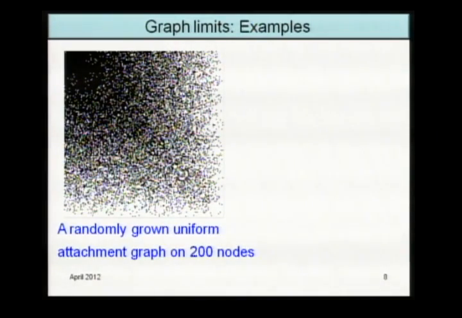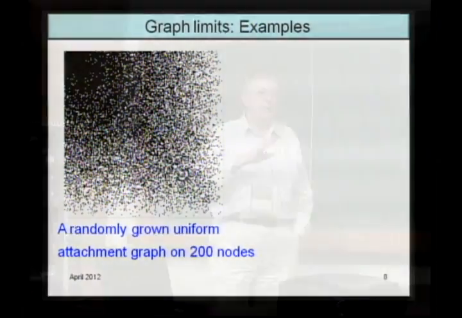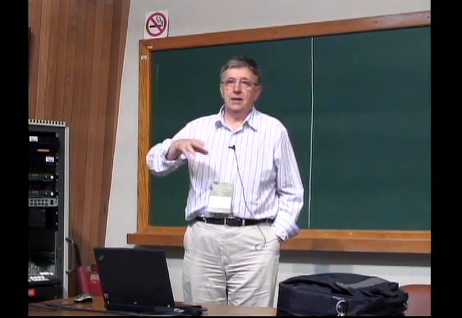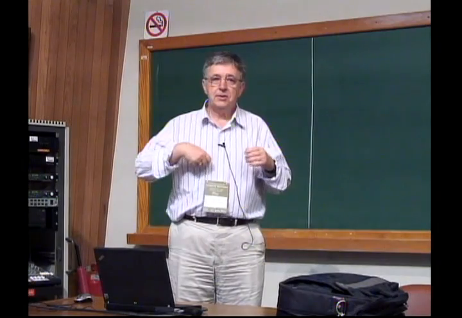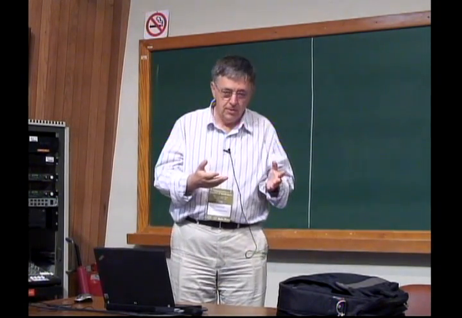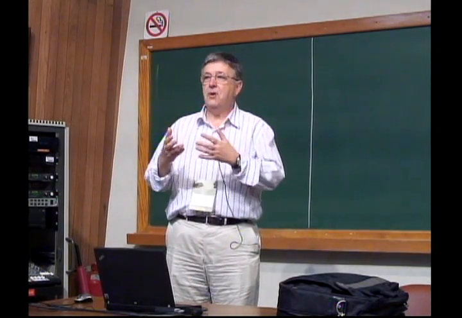So let's see a little bit more complicated example. This is a graph called the uniform attachment graph on 200 nodes. The exact rule doesn't matter too much, but the idea is that we create a graph step by step, and at each step we either create a new node or a new edge.